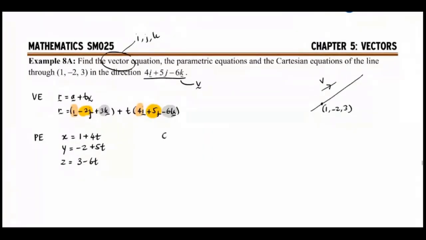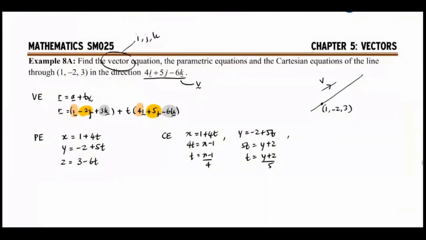Okay, CE. So you have to rearrange these three equations to make it T as a subject. So we can have X equal to 1 plus 4t. So 4t equal to X minus 1. So T will be X minus 1 over 4. Okay, and then the second one, we make it 5t as a subject. So we have Y plus 2. T will be Y plus 2 over 5.